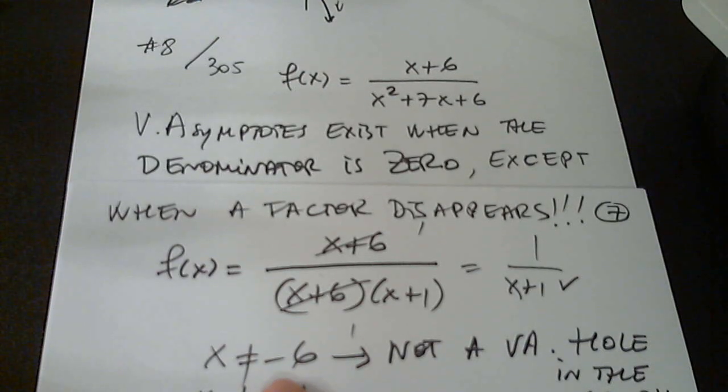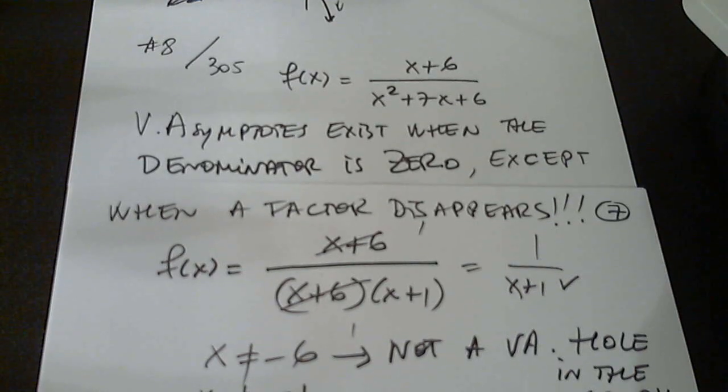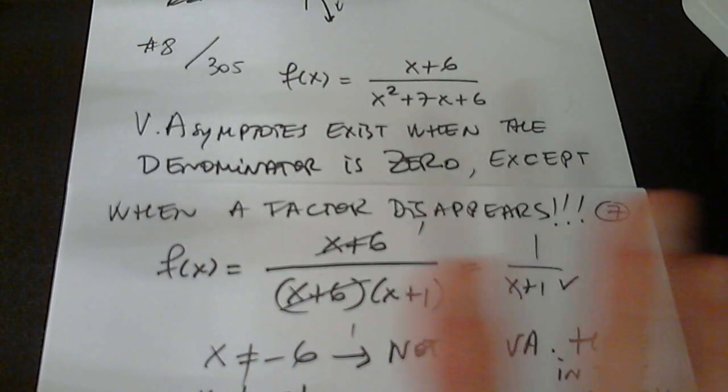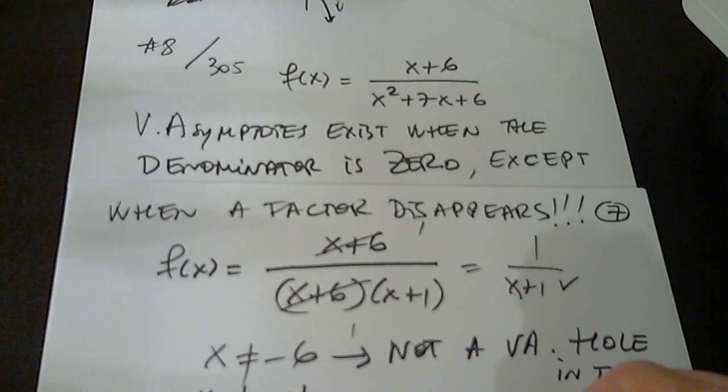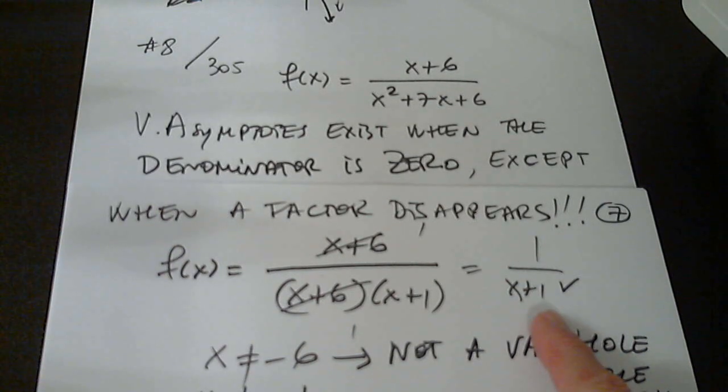Then that factor, in other words, x equals -6, is no longer a VA, not a vertical asymptote, but it's a hole in the graph. So this graph has only one vertical asymptote, x equals -1.